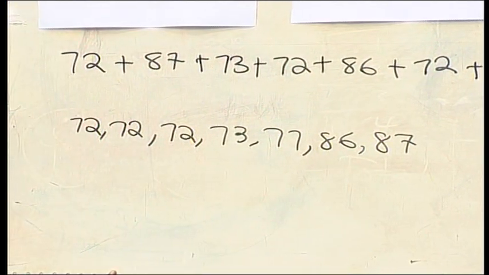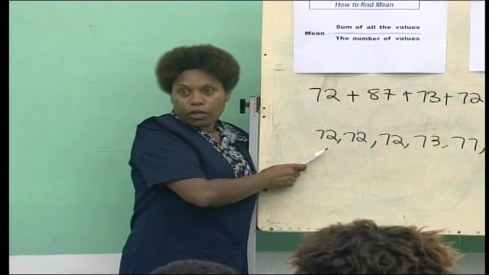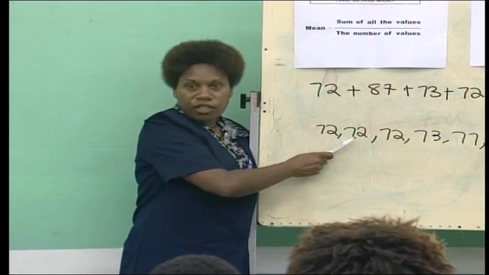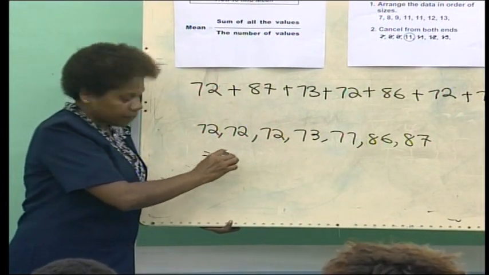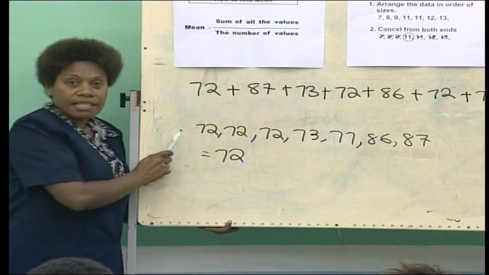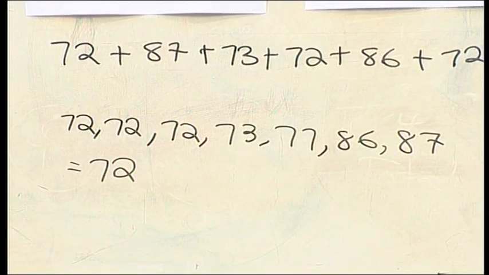Okay, the score that occurs the most, 3 times, you see, is 72. So your mode is 72. 7Os and receiving students, this is how you get your mode. All right? Okay, now the last one.